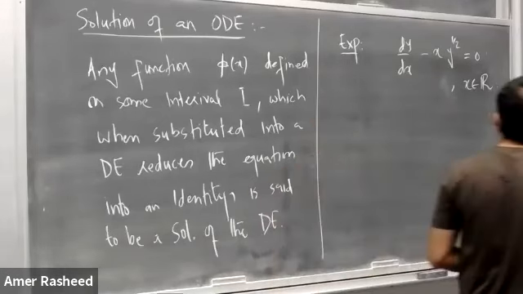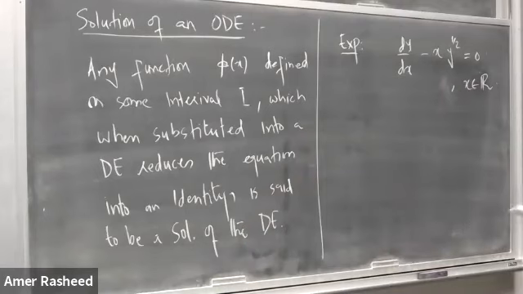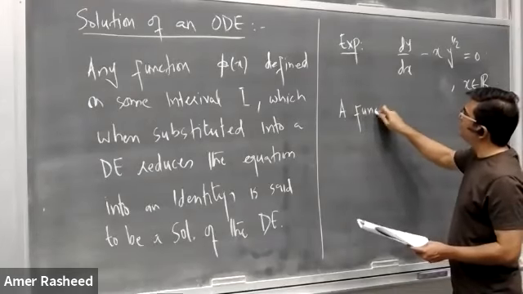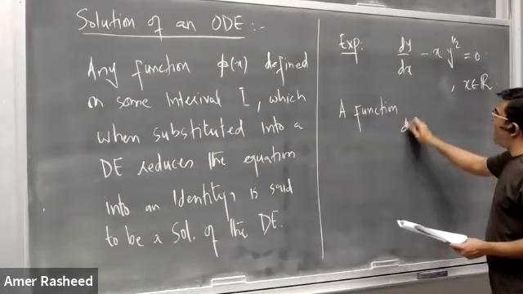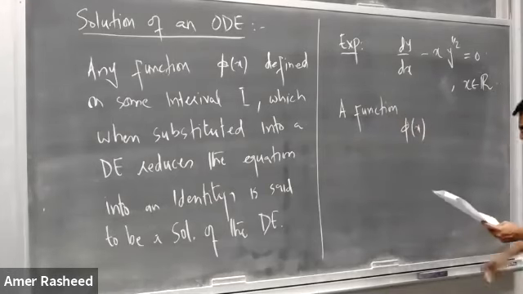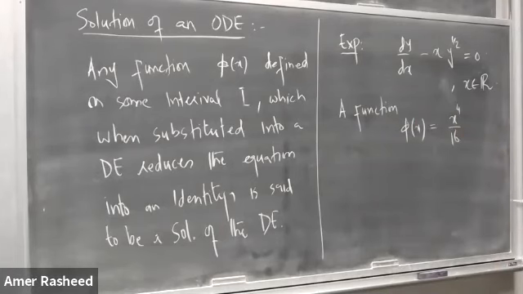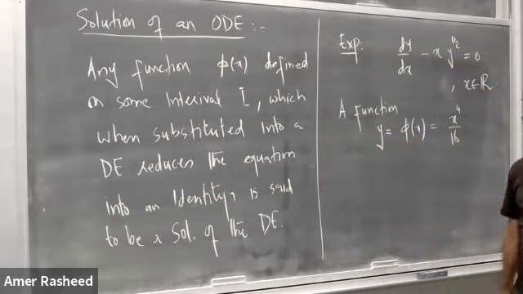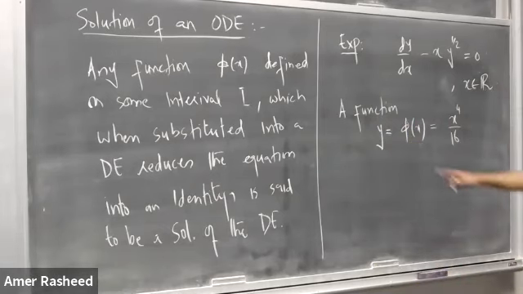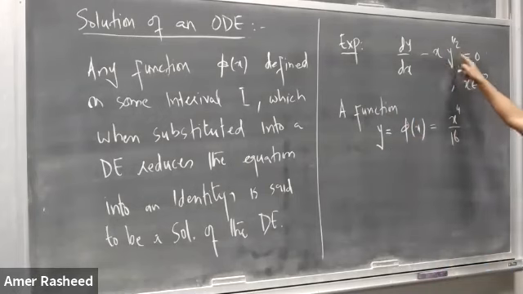Tell me whether this is linear or non-linear. Non-linear. Okay. We say that phi of x is x power 4 over 16. If we put this function here in this differential equation, you can call it y. Y is equal to phi of x.